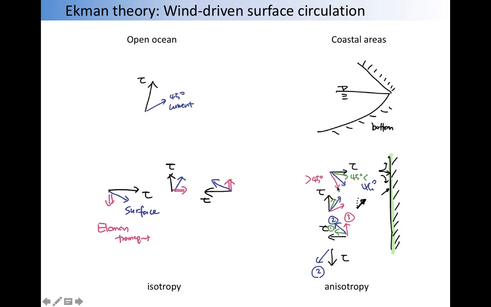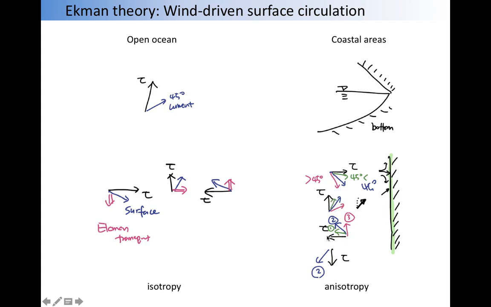Does it make sense? And for the wind parallel to the coast, maybe 45 initially, but this flow may hit the coast and may not go beyond the boundary. So the boundary influence may affect that, and green, less than 45, happens.